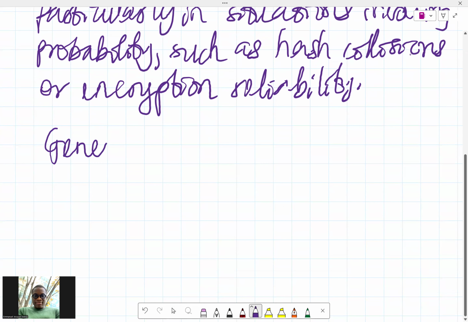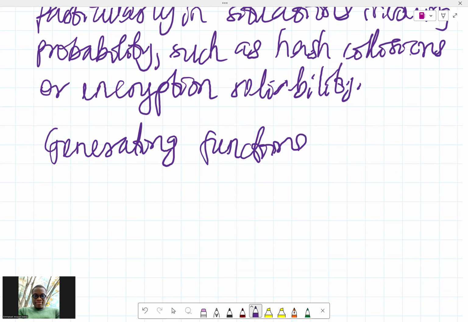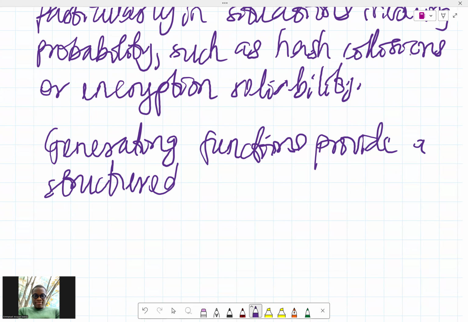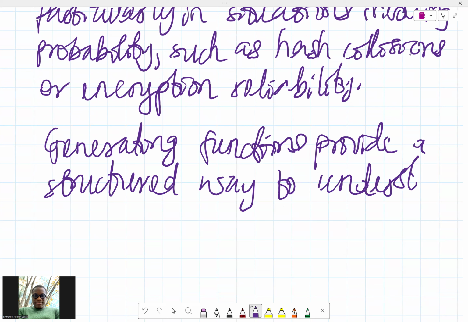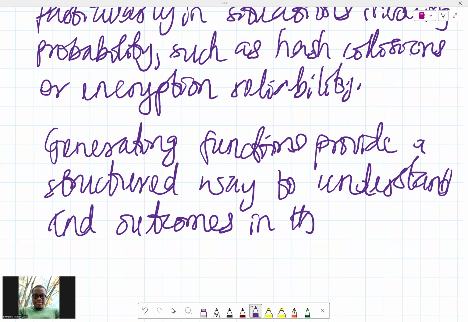Generating functions provide a structured way to understand and predict outcomes in these fields. So this is some kind of overview.